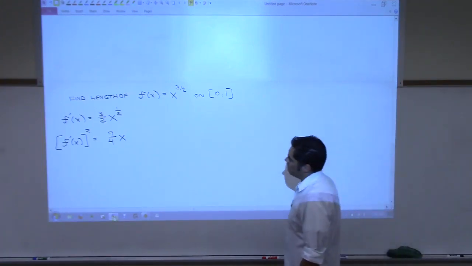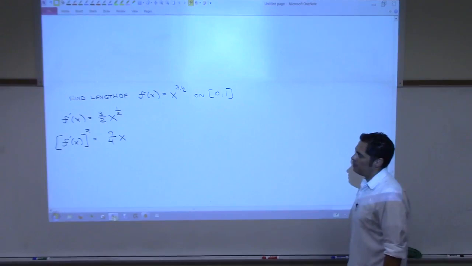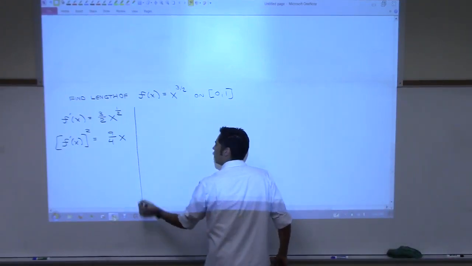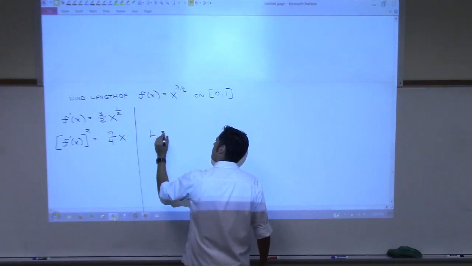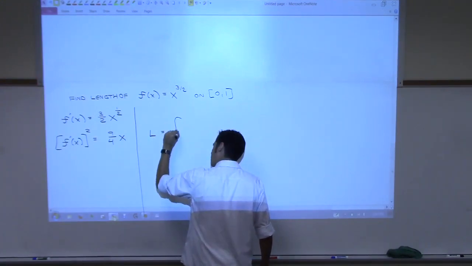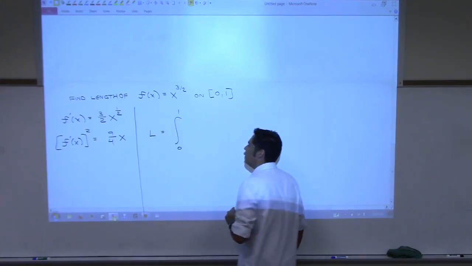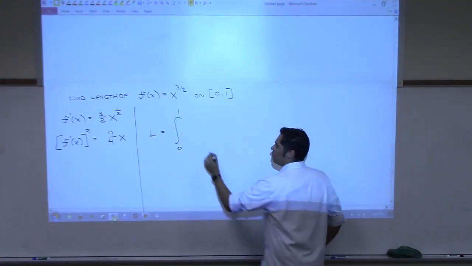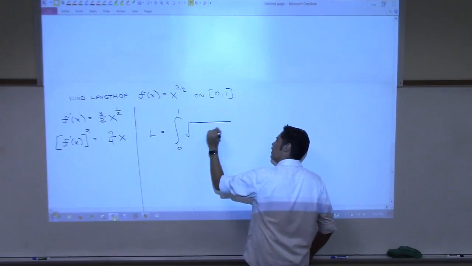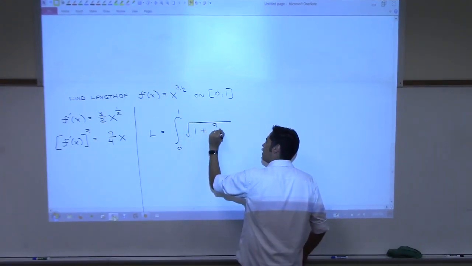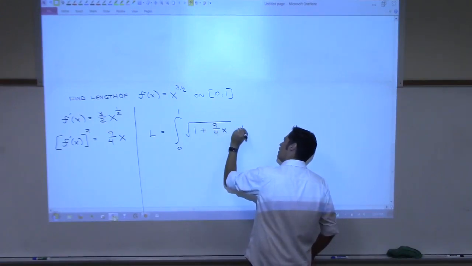All right. I think I'm ready to go to the formula now and see what happens. The length of this curve should be the integral from 0 to 1 of the square root of 1 plus the derivative squared, which I already did that work, dx.